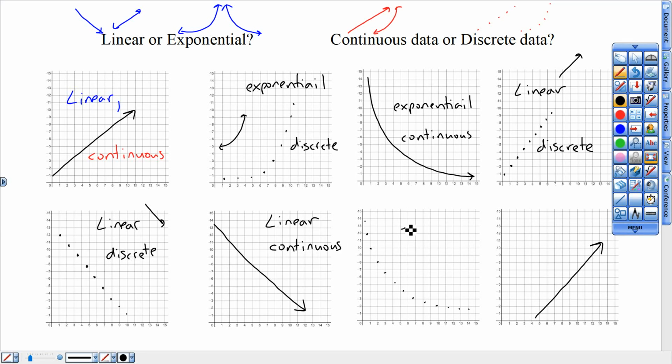This is exponential. And then of course, this is discrete dots. So again, both categories, straight line linear, curved line exponential. Next category, line drawn through the dots, continuous, just dots, discrete.